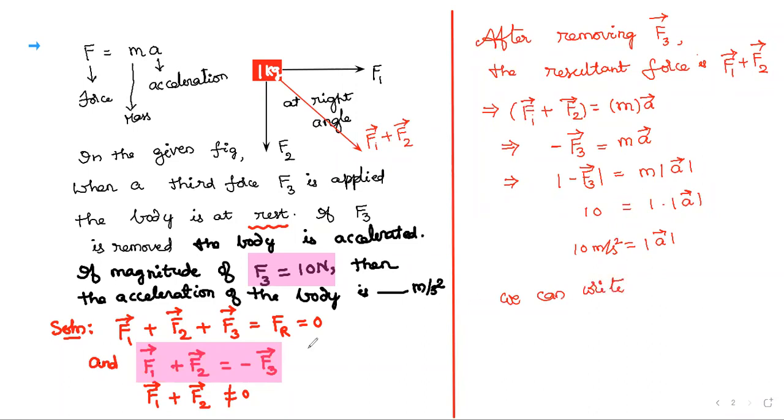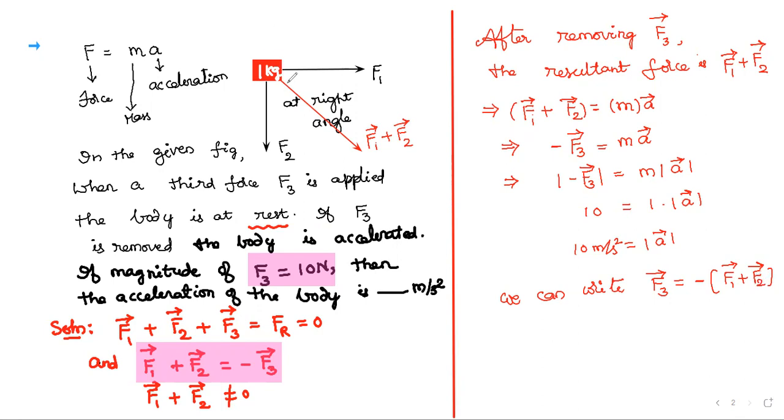From this pink color box, F3 bar is equal to minus of F1 bar plus F2 bar, taking the negative sign to the other side. So F3 bar is a negative vector of F1 plus F2.